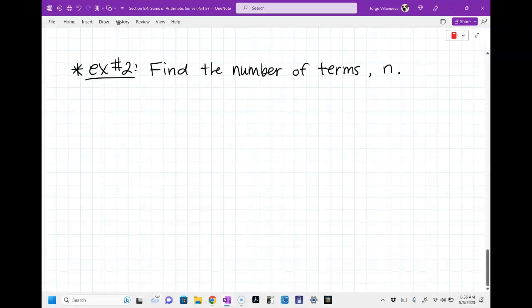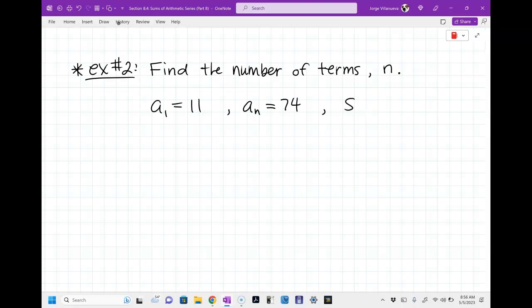And they're going to give you some information. A sub 1 is 11. A sub n is 74, and S sub n is 425. So they told us how much it adds up to. They told us the first term, they told us the last term, they just didn't tell us how many terms.